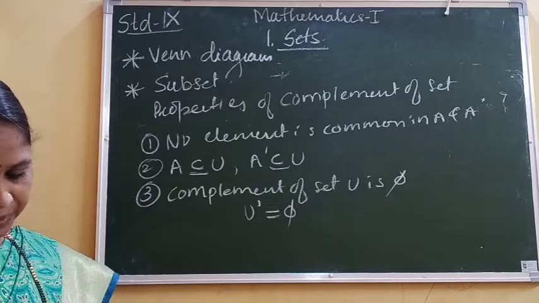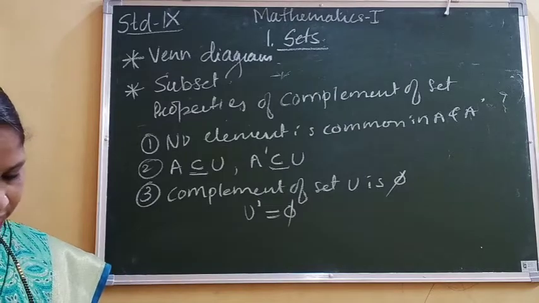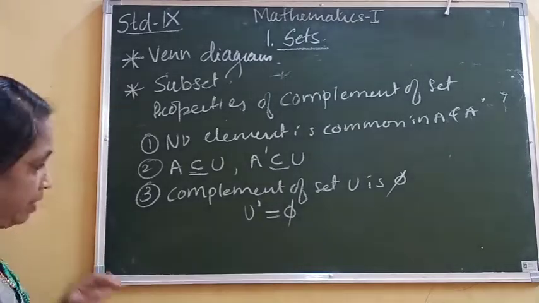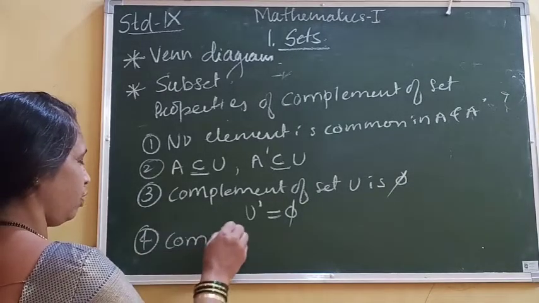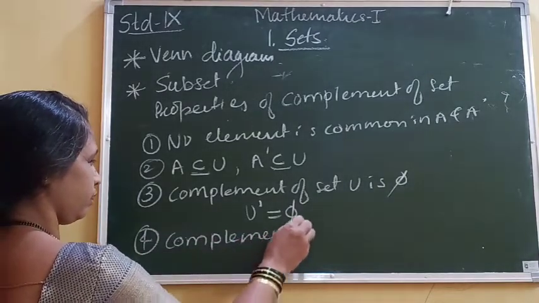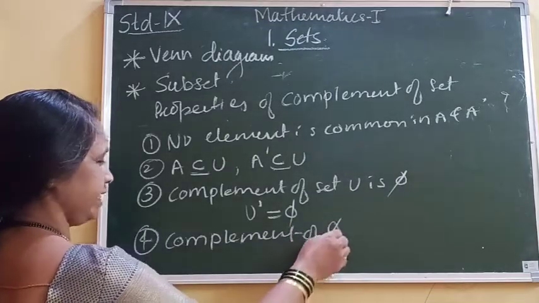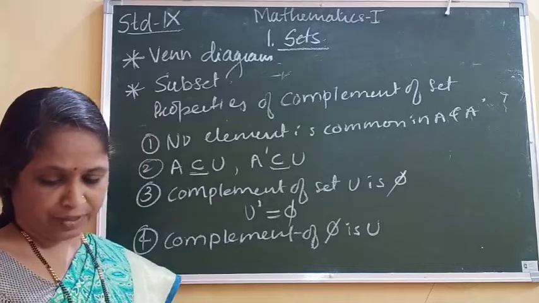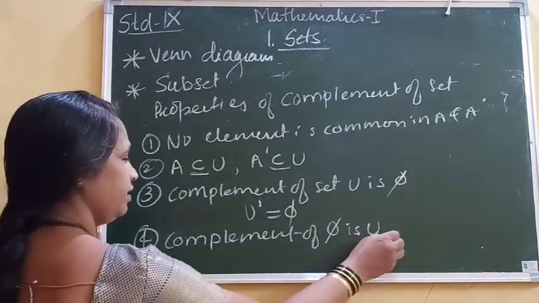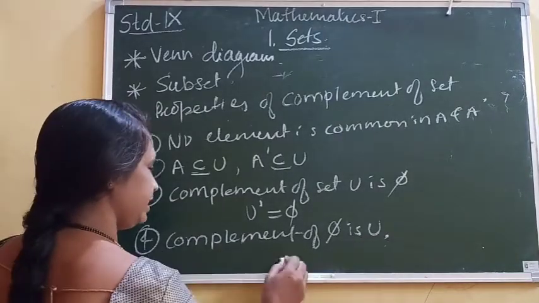Now the next property is that the complement of the empty set is U. How can it be represented?